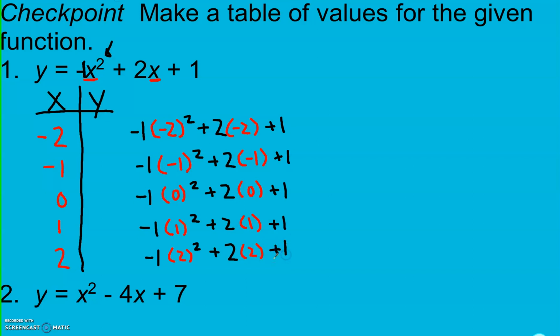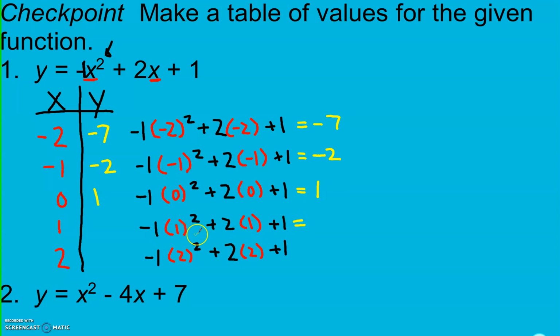plus 1. Here I should get -7. So -2, -7 is an ordered pair. Here I should get -2. Here we should get 1.